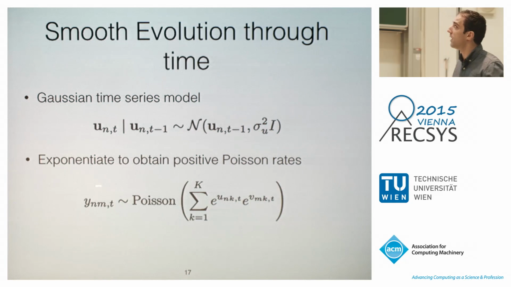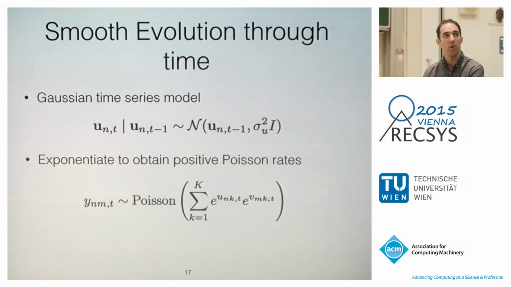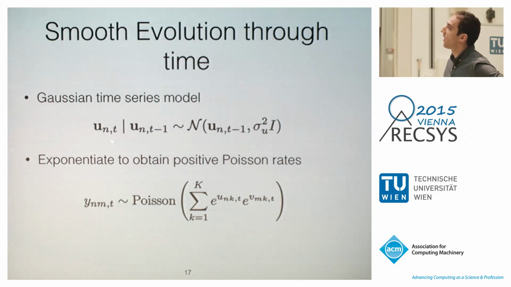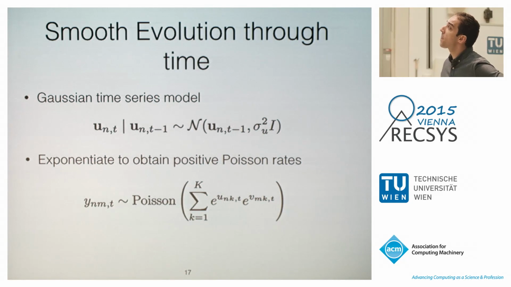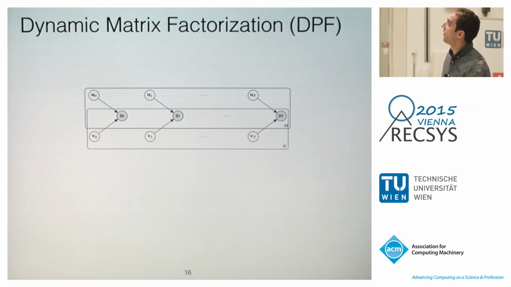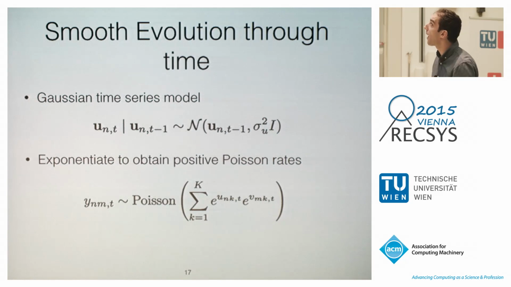We chose one here, which is simple, which is to use a Gaussian time series model, where we say that the latent factors of user n are determined according to a Gaussian with mean of the same latent factor at time t minus 1, right? So this is this link here that we've seen before, these links that go to the right.